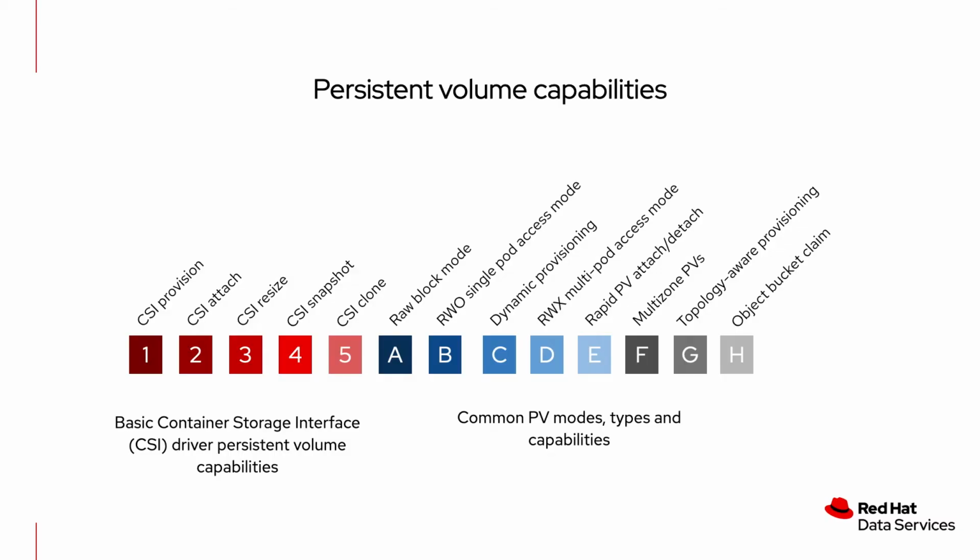So having said this, persistent volumes can have different capabilities. There are basic capabilities, but also advanced and additional capabilities that do not per se have to be in each storage system from each different vendor. So it depends on the driver and on the capabilities of the back-end storage. That defines which capabilities you as a user or a developer have.